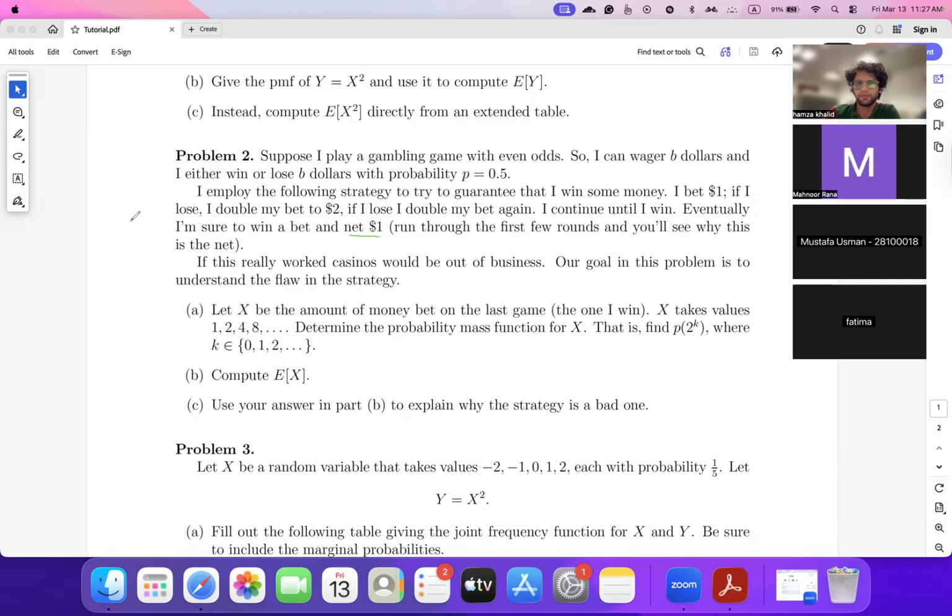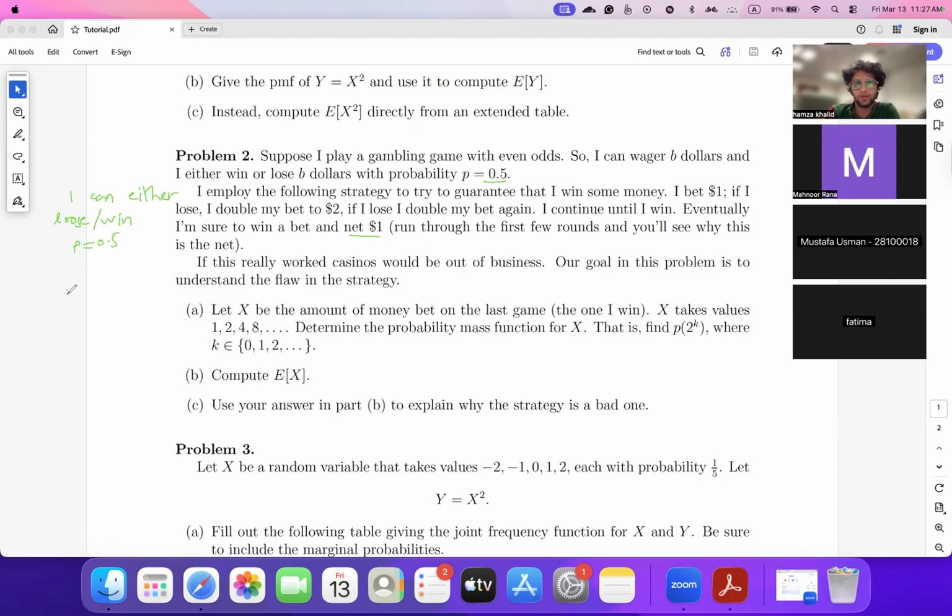So let's say I bet on the first game. The probability of me winning is 0.5. I can either lose, or win with probability 0.5.